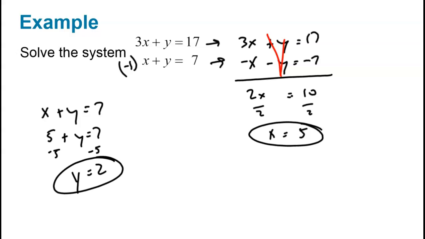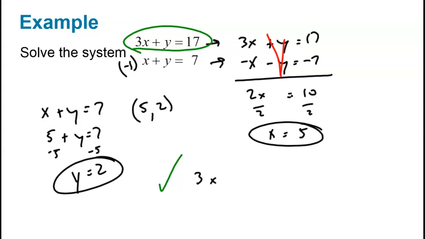Y equals 2, and so we have coordinates of 5, 2, and let's do a check on that and make sure. So we'll go back to the problem that we originally started with up here, and we'll use that as our check. And so 3x plus y equals 17.